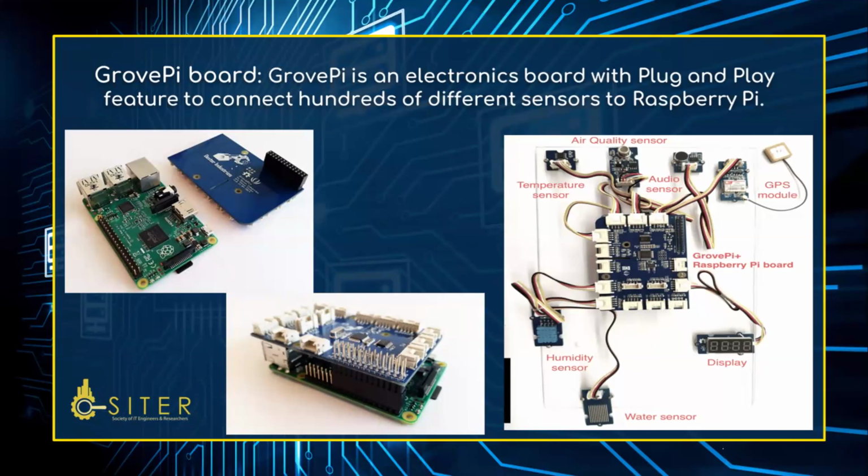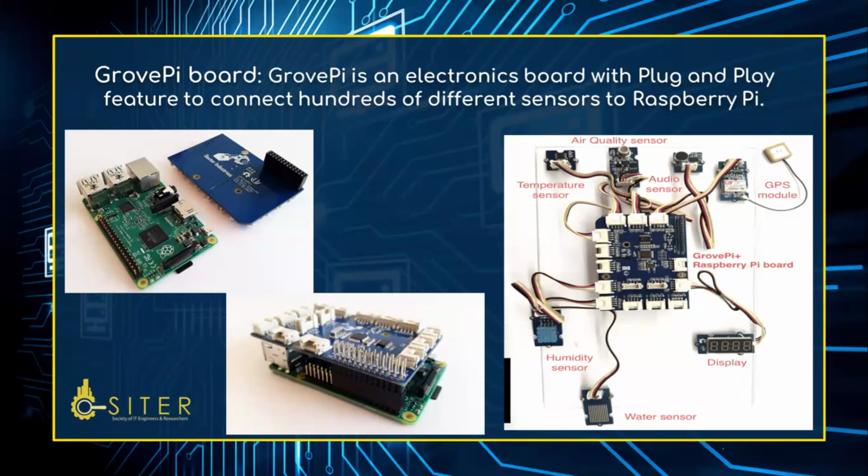So the Raspberry Pi board and the Grove Pi boards are the most important electronic boards we are using as part of this seminar. And you can see the picture. When you look at the presentation slide, you can see different types of sensors. Here on the right side, we have given the Grove Pi board as a model example.